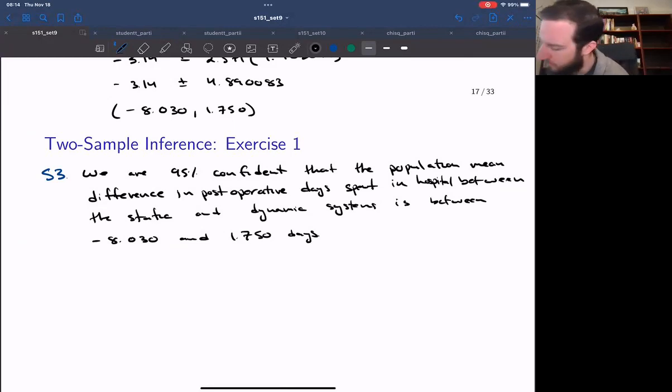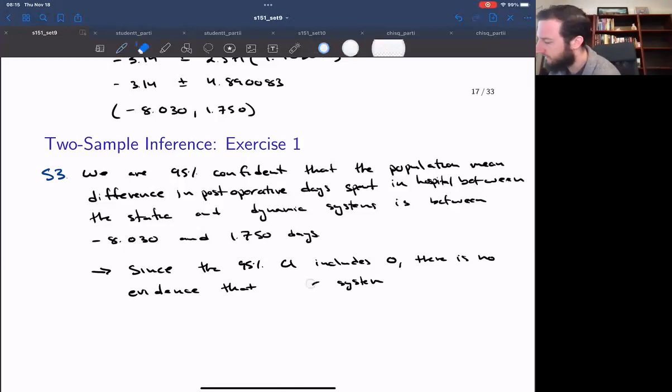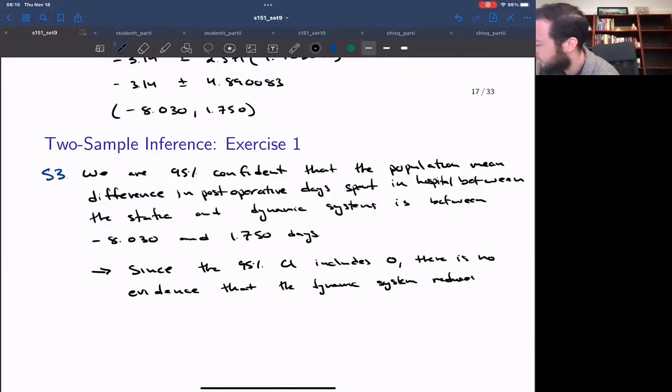Now, the other thing that we can take away from this is since the 95% CI includes 0, there is no evidence that either system, or let's be very specific, there is no evidence that the dynamic system reduces the number of post-operative days.